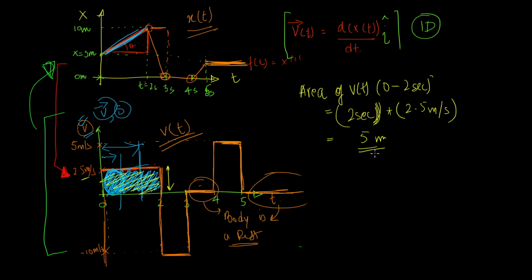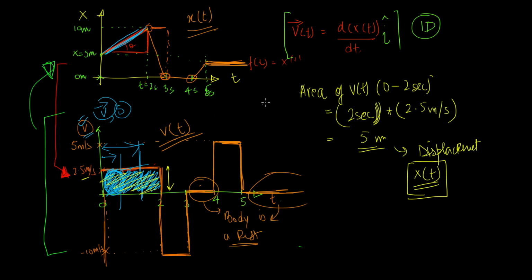What does 5 correspond with? Well, 5 corresponds with the displacement. It's not x versus t as of now. The reason is that displacement measures the difference in motion. So what we are really getting out of evaluating this area is how much the body moved in the first 2 seconds.